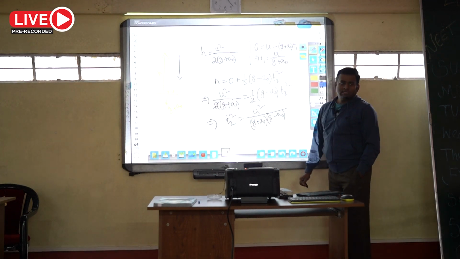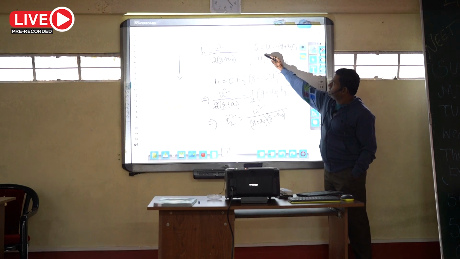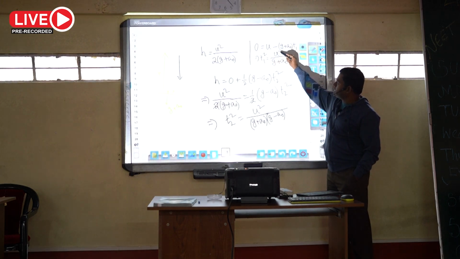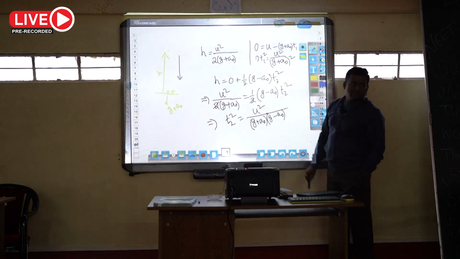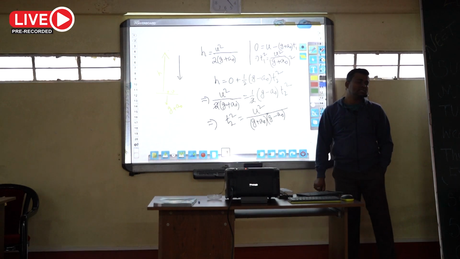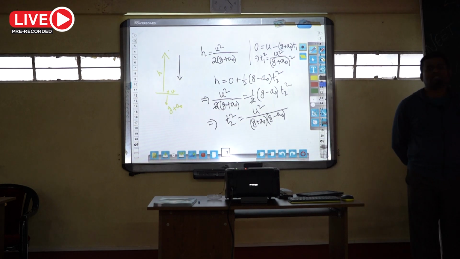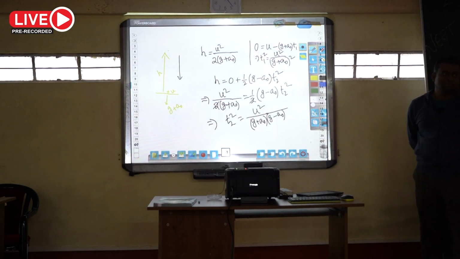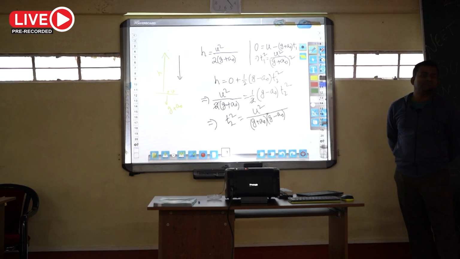Now take a square of the first equation, T1 square equal to u square by g plus a naught whole square. Divide these two equations, T1 square by T2 square. I square the first equation because I have to eliminate u.